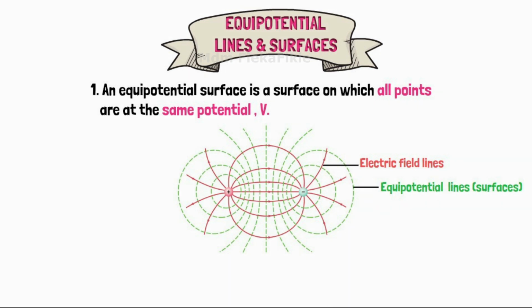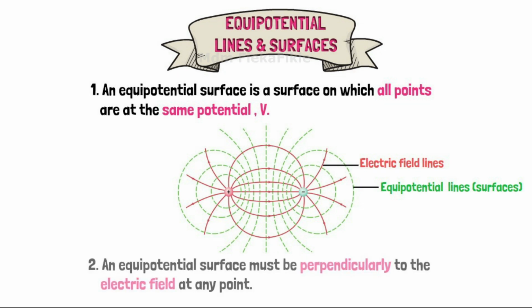So as shown here, the green color showing you the equipotential lines ataupun surface. Okay, so at any point on the same equipotential surface, nilai potential dia mesti sama.